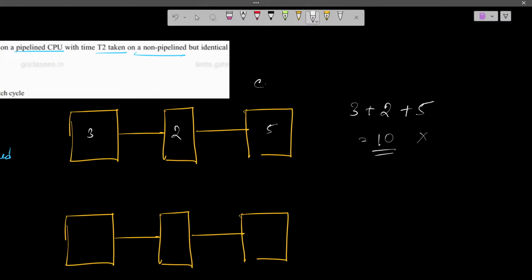Let's say the clock cycle is 2. So 10 into 2 will become 20, right?